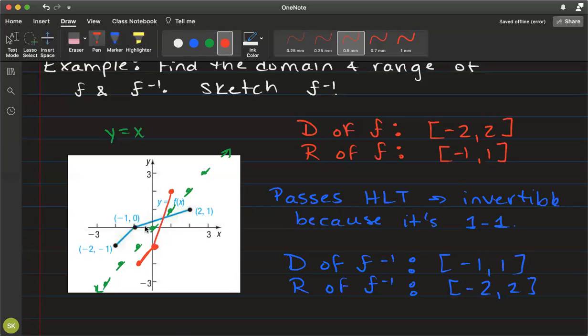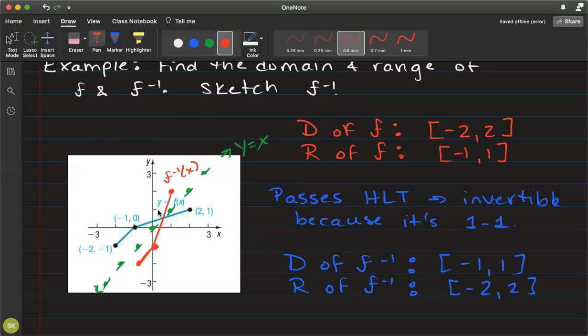And you can see that this function is the mirror image of this one along this line. Okay, so this is the line y is equal to x. And you can see that this is the function, let's just call it f inverse of x.